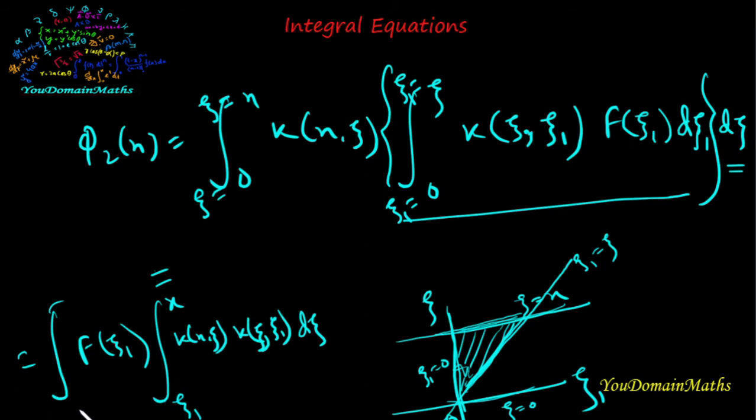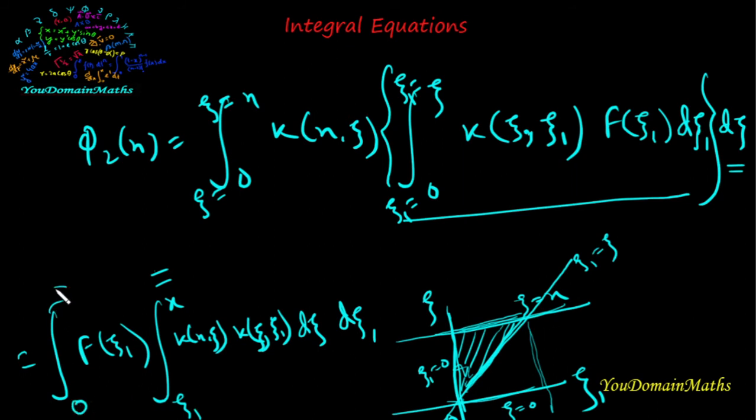So for the limit of ξ1, ξ1 equals 0 is one limit, and the other limit is where ξ = x and ξ1 = ξ, so ξ1 = x here.